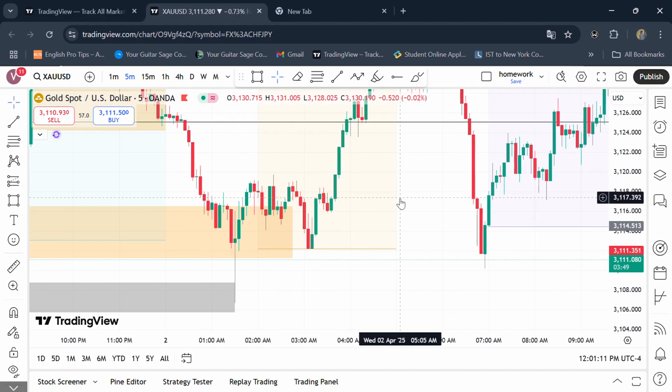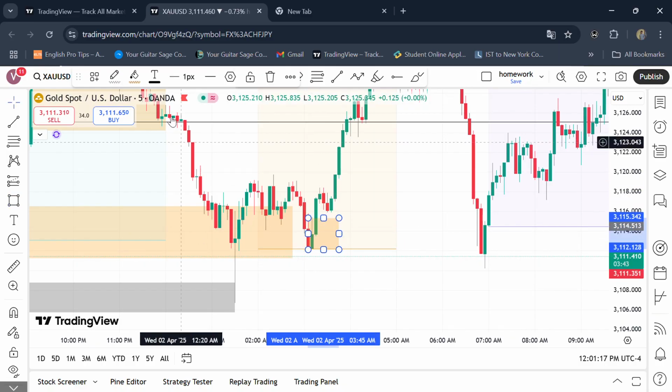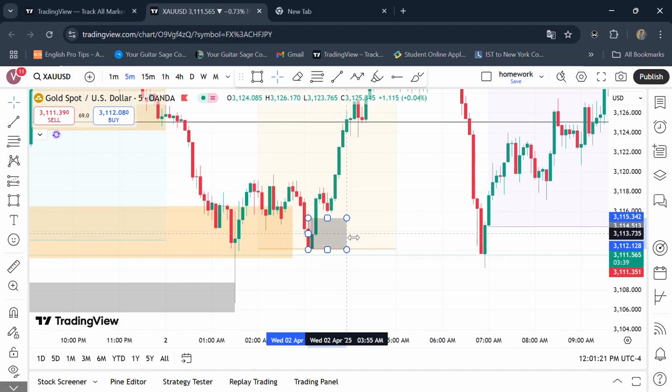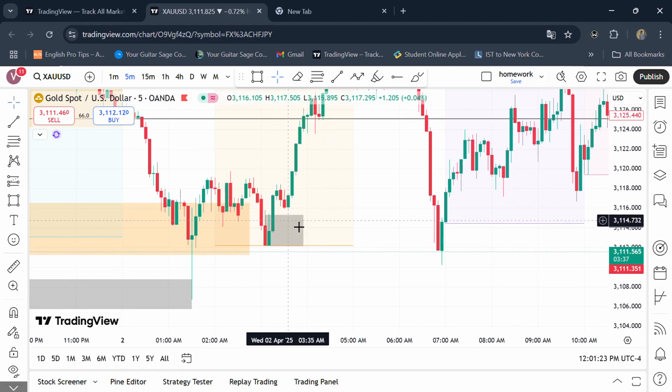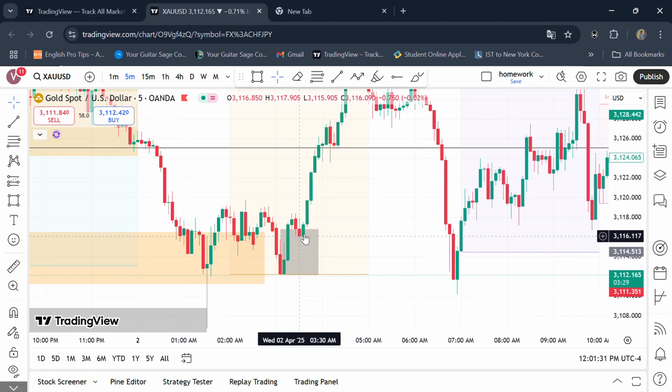So here on 5 minutes, you'll see this order block got created. This one. Okay. And if I mark its FVG too, then it was this area. And price started taking support from here.